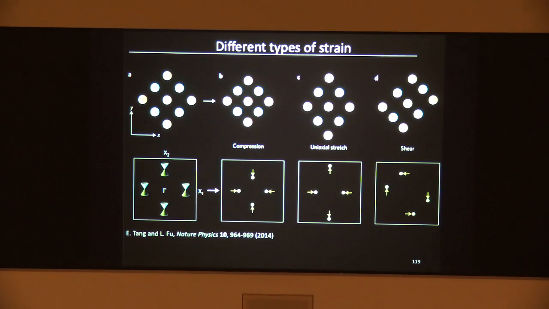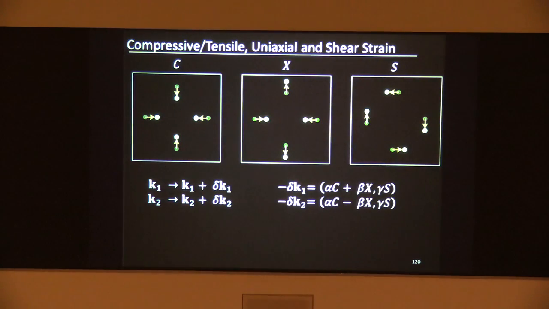Remember, strain is a tensor. You don't have just compressive strain or tensile strain. You have uniaxial strain, you have shear strain, and so on and so forth. You can compute all this by computing the strain tensor. And we have all the information we need to actually go point by point, and at each point, we can compute the strain tensor.